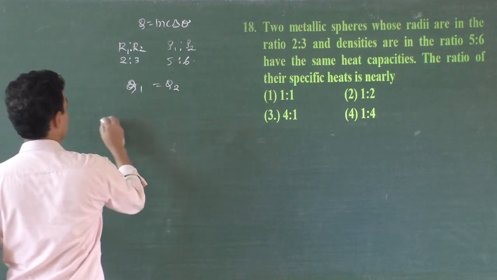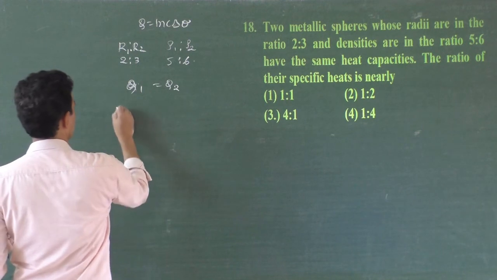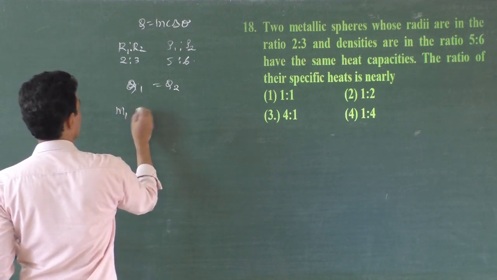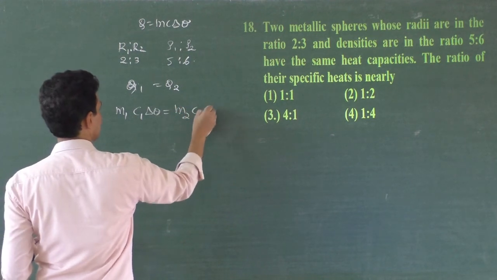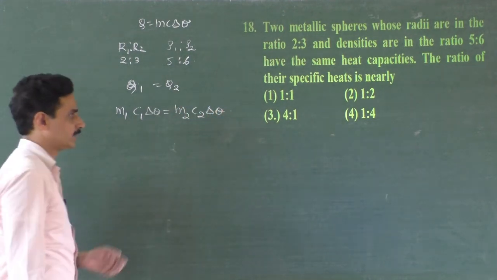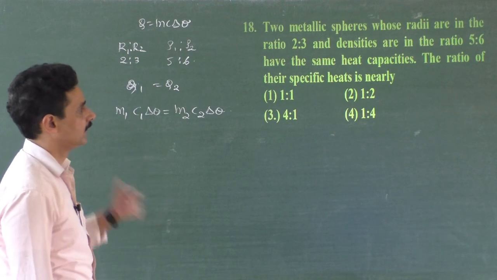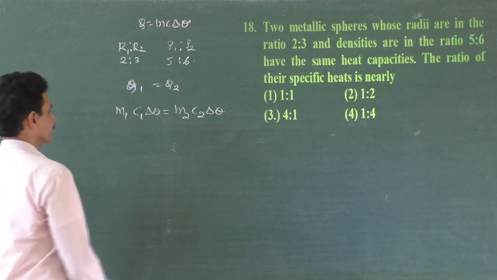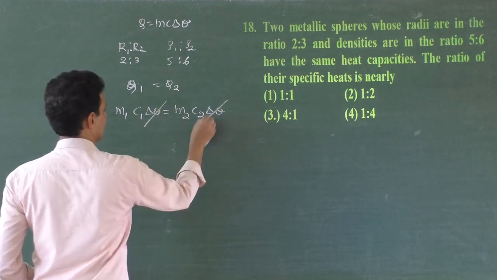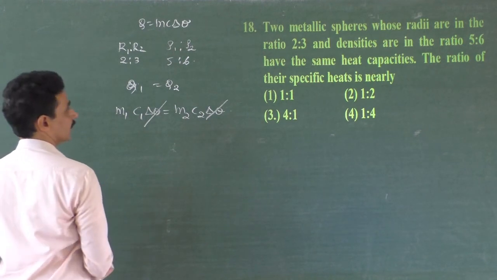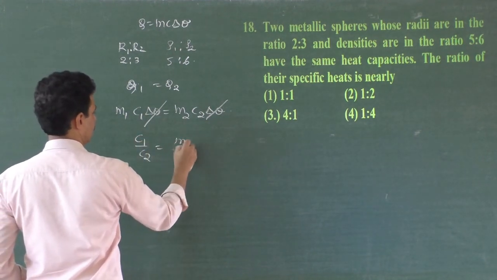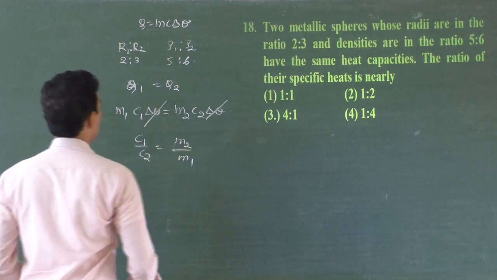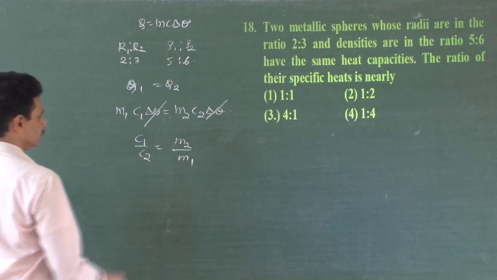Now Q1 is m1 c1 delta theta, and Q2 is m2 c2 delta theta, right? They have the same heat capacities when heated through the same temperature rise. Delta theta gets cancelled. Now the ratio of specific heats, c1 by c2, is equal to m2 by m1. Mass is equal to density into volume.